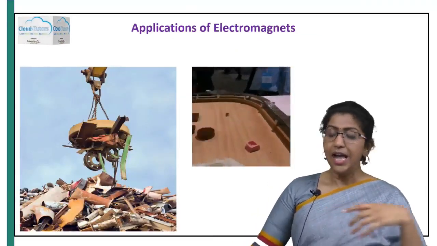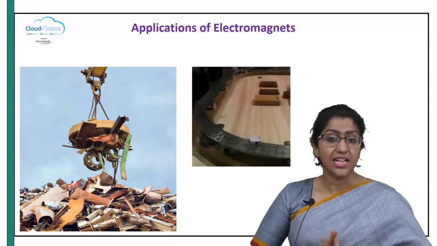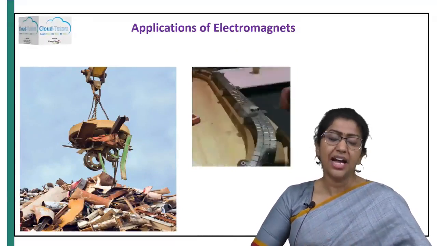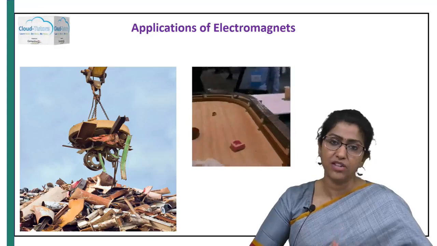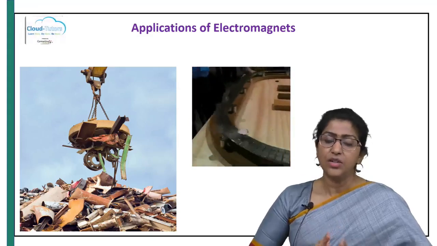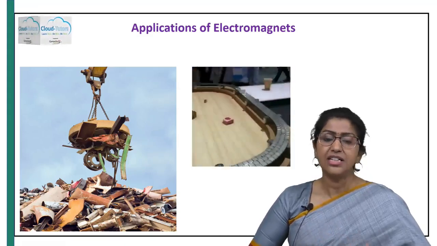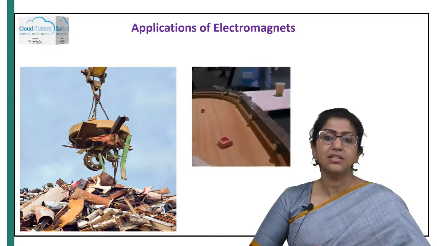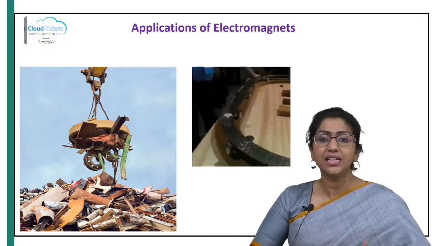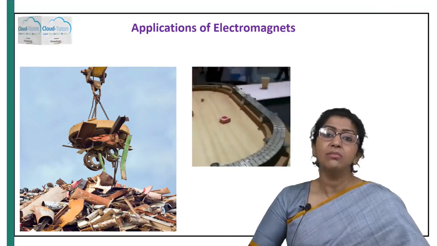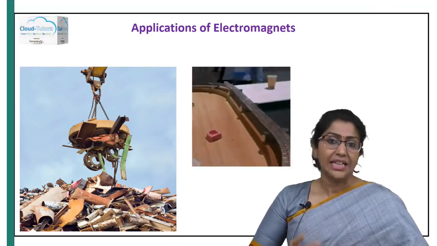Now, as we discussed already, electromagnets have huge number of applications in our daily lives. So if at all there is a purpose, or there is a particular place where large magnets are required to be used, electromagnets are used in these places.